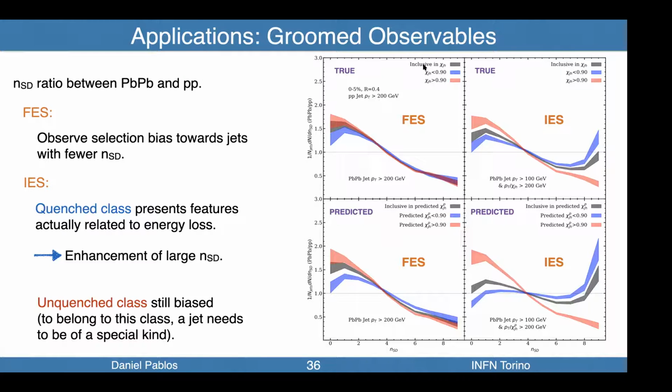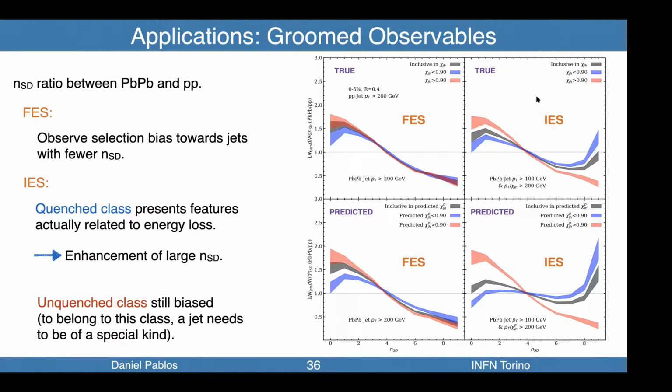And the inclusive, of course, only features things that are akin to having unquenched stuff. So we know that what we are actually seeing is unquenched stuff. We're seeing vacuum-like features, and these features are a reduction in the number of subdrop splittings. Guys that split a lot get more quenched and they don't pass the cuts.